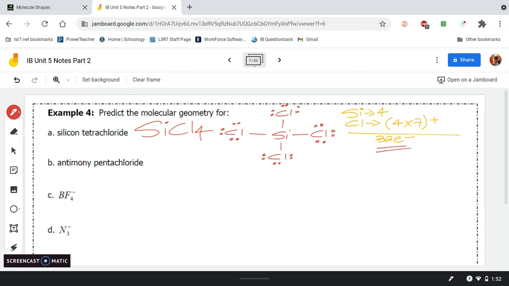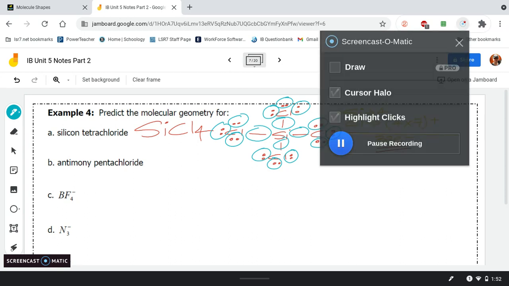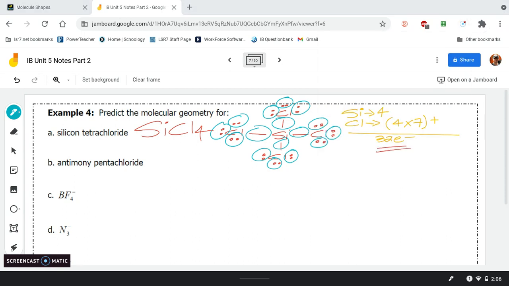Okay, how many electrons are here? Let's look. 2, 4, 6, 8, 10, 12, 14, 16, 18, 20, 22, 24, 26, 28, 30, and 32. So that means that one will work. Since we counted everything up and it works, this is the shape that we stay with.